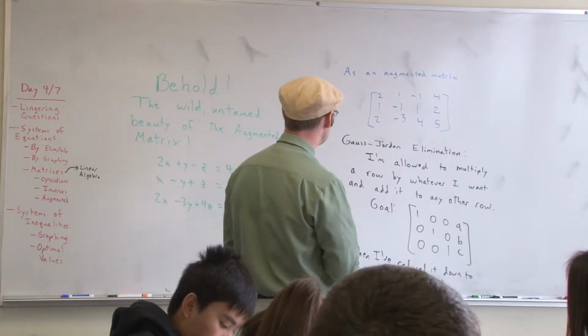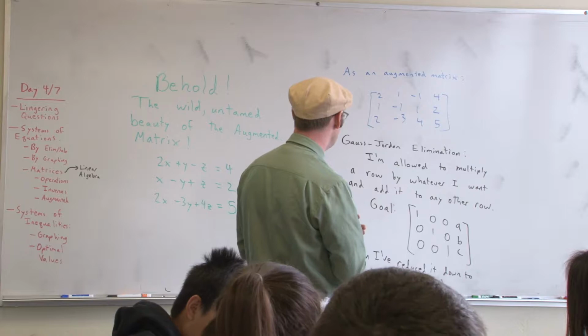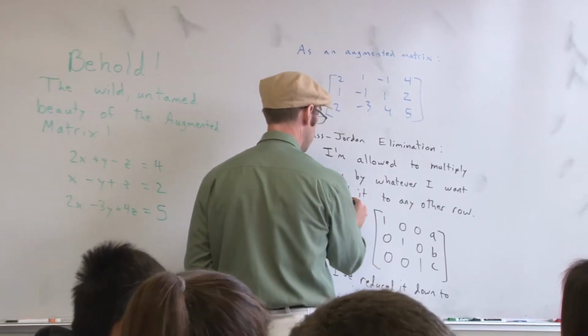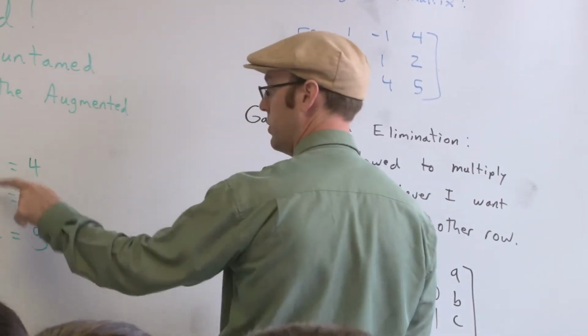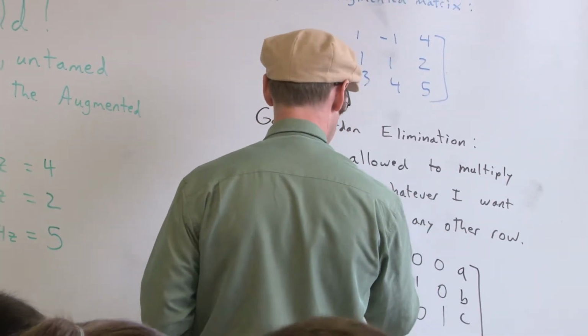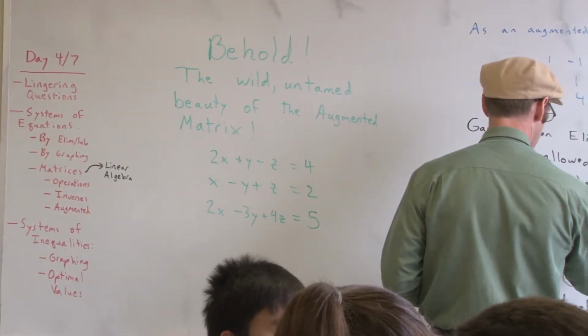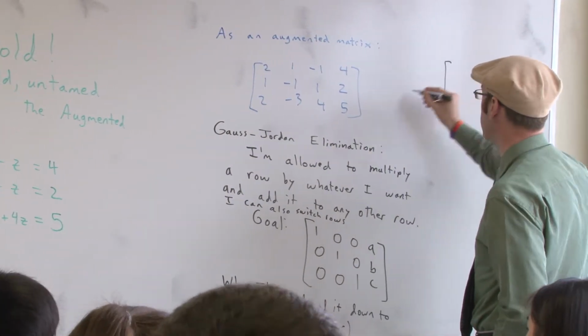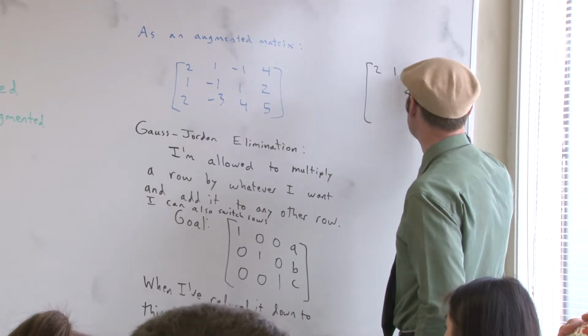So, for instance, one other thing that I can do, I can also switch rows, right, because this order is totally random. So what you see a lot is you see, okay, here's my original.